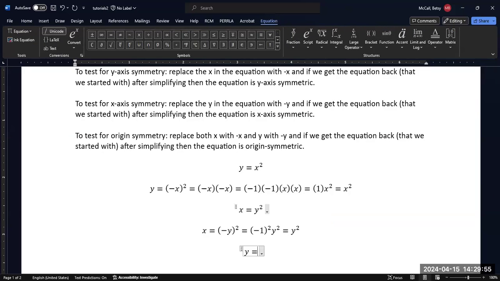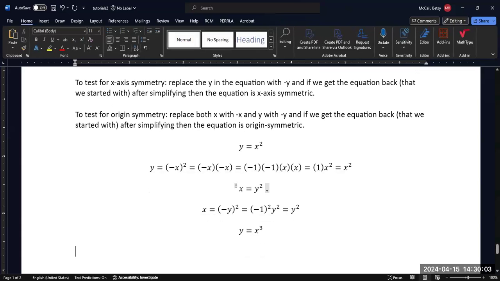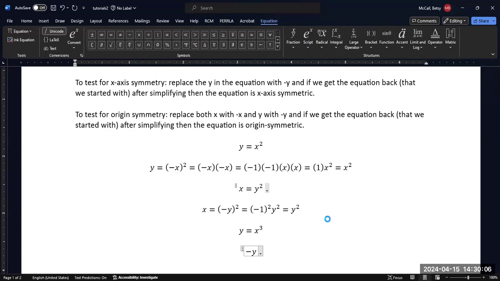In the origin symmetry, if we start out with y equals x cubed, which was that first example that is origin only, we're going to replace y with minus y and x with minus x. Now, in this case, when we simplify the x cubed, keep in mind there are 3 negative signs. That means we're taking out essentially 3 negative 1s.